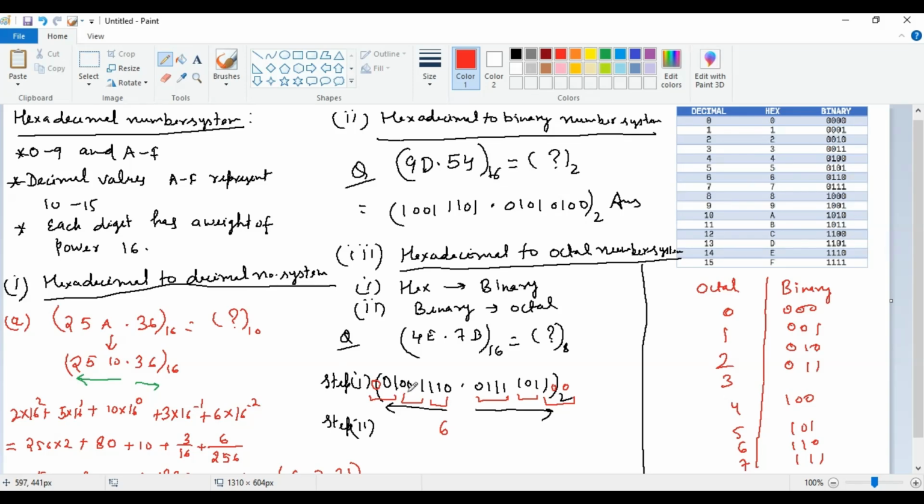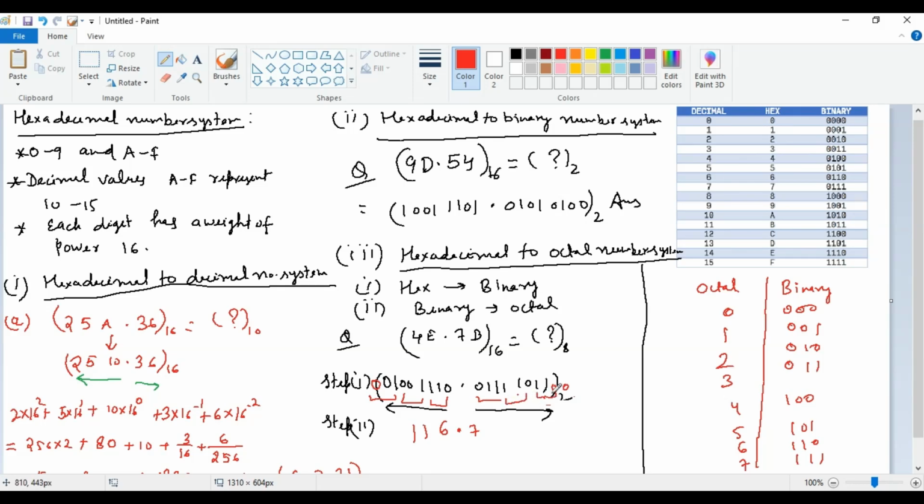So 001 is 1, 001 is 1, 0111, here the decimal point is placed. 0111 means 7. 011. Okay, 011 is this group. Then 110 and 110.